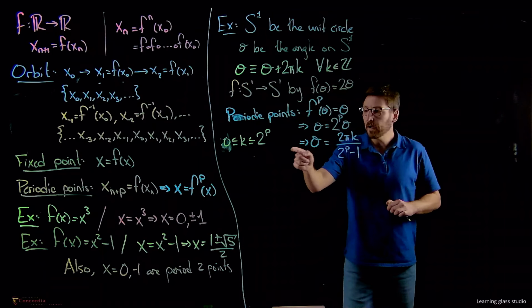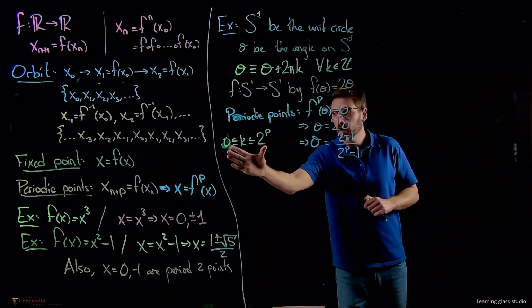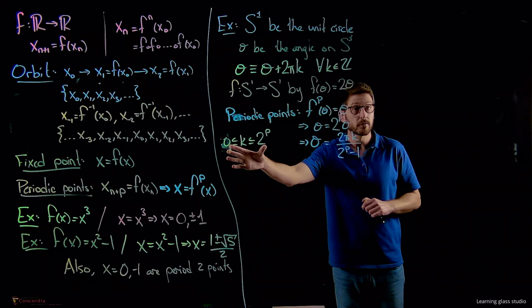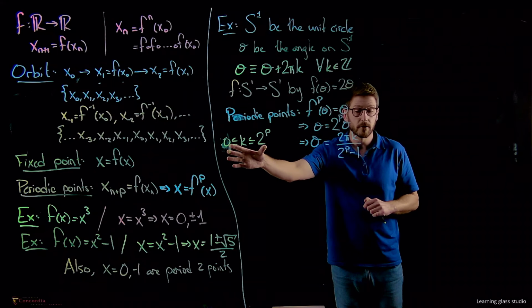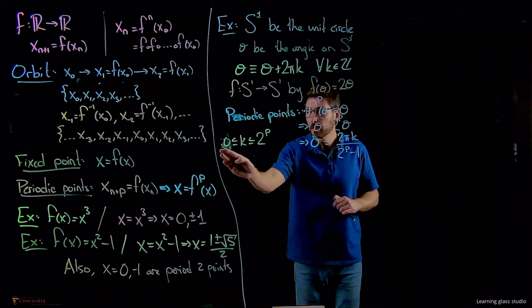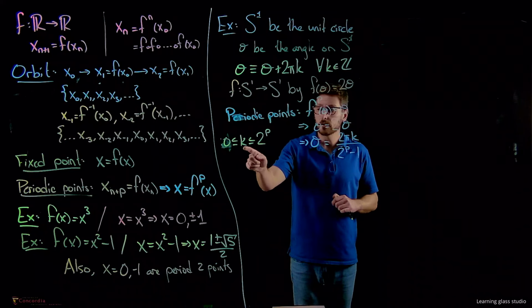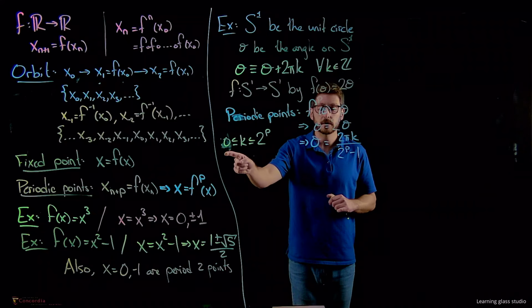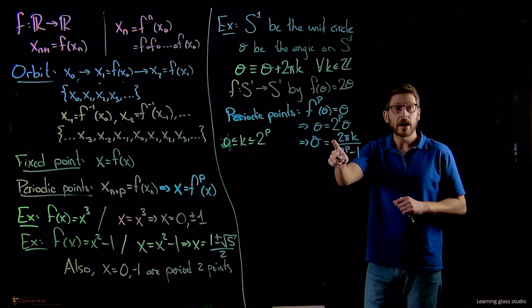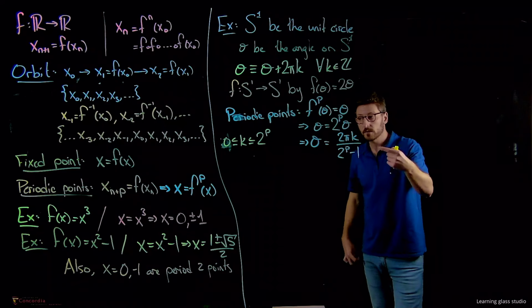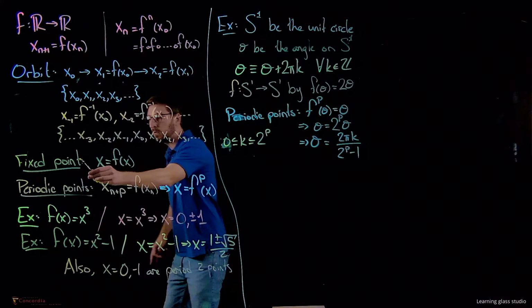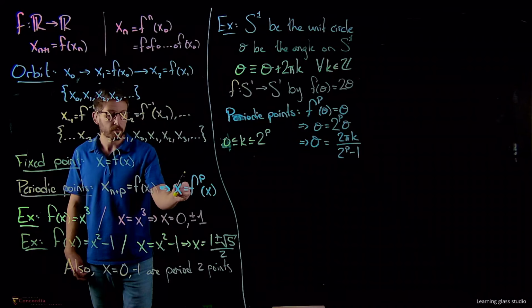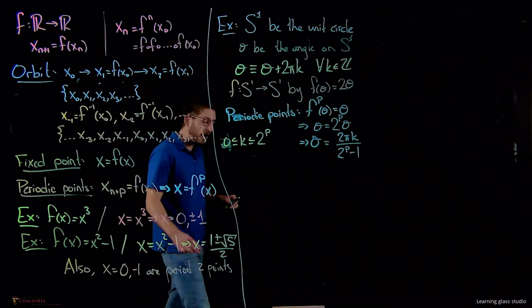For every single period p, there are a lot of sequences that repeat after p iterates. However, theta equal to 0, the k equal to 0 point, is already accounted for in every one of these sequences. That makes sense because a fixed point is also a periodic point, and that's why we start talking about prime periods.